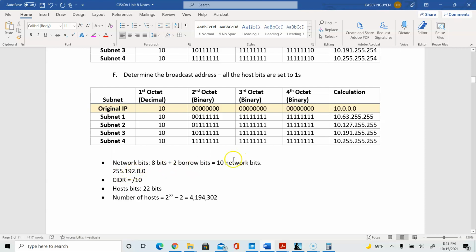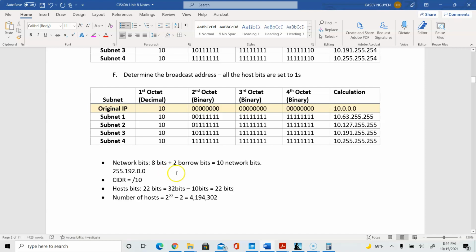So that's going to give us the 10 bits. So our CIDR will be /10. Now our host bits would be 22 because it is 32 bits in the IP address, subtract the 10 bits for the network, which gives us 22 bits for the host, what's left.